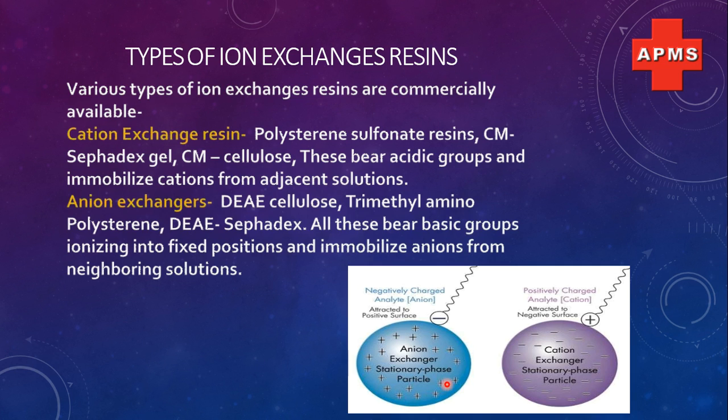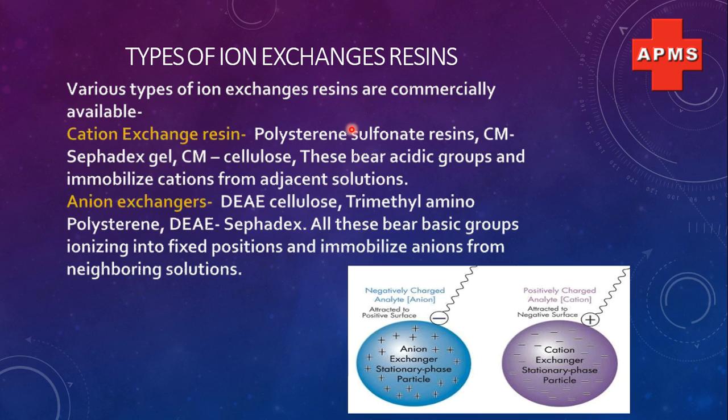So here a diagram is shown of how the cation and anion exchangers work. These two types we read: cation exchange resin and anion exchange resin. These are examples of these resins: polystyrene sulfonate resin. Here this sulfonate actually works as an anion.